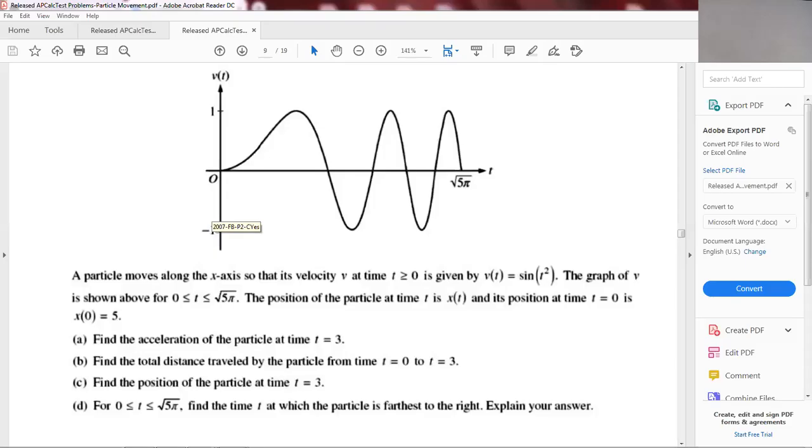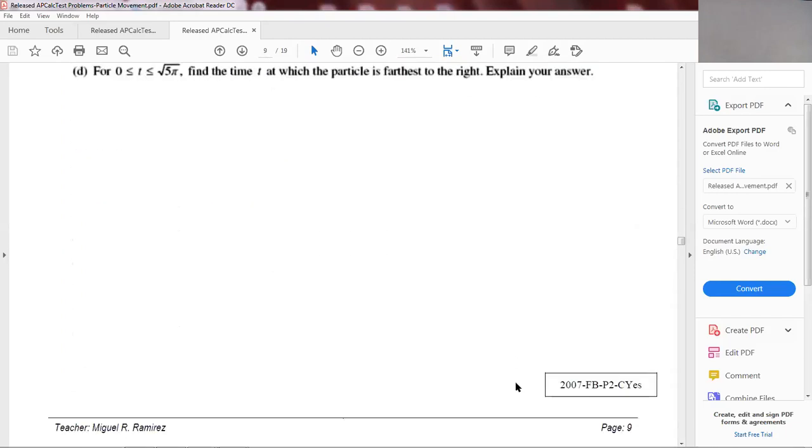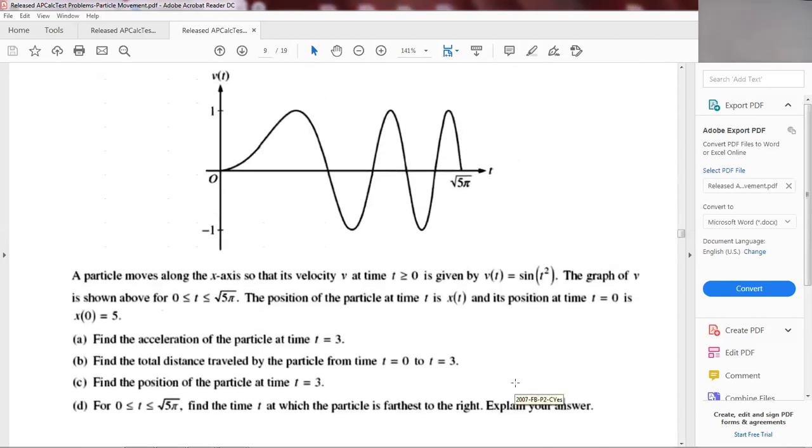Okay. You see this problem is from the 2005 test, right? And the 2007 test is a calculator allowed problem, and pretty much is the same as the other ones. You don't have the position. You see the graph here. This graph is the velocity of the particle with the time, correct?